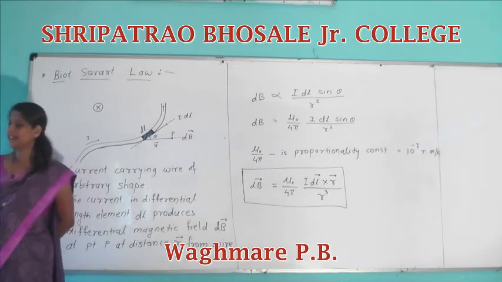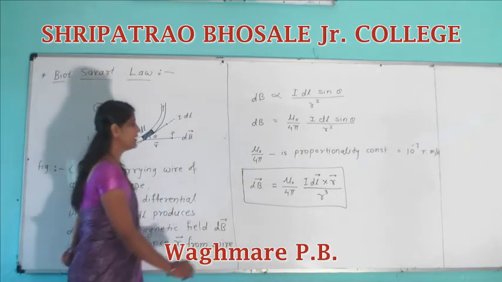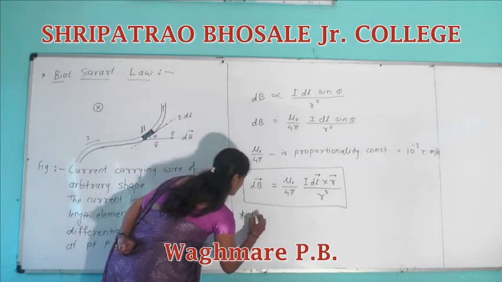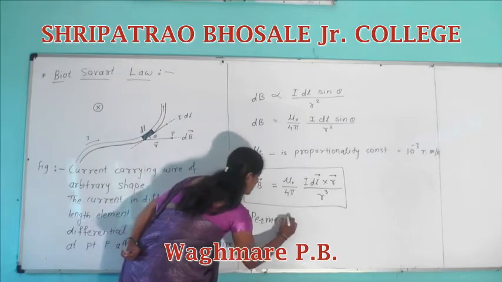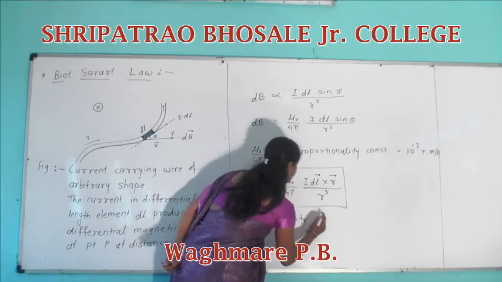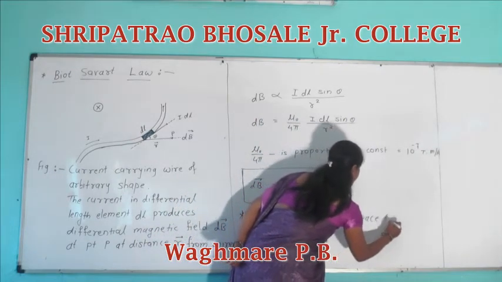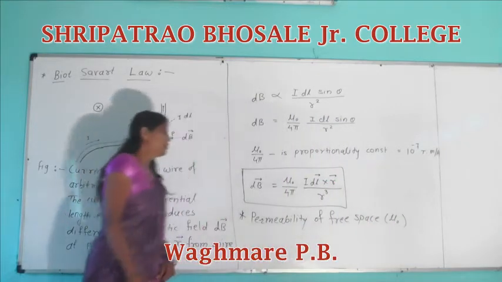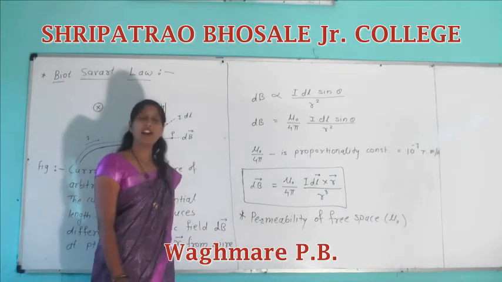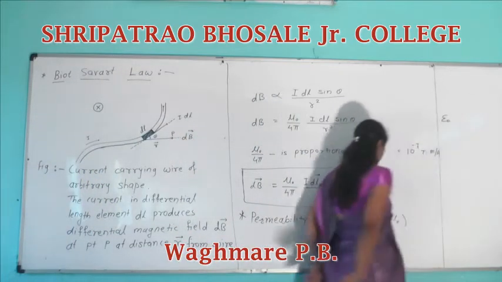Now we will discuss the permeability of free space, that is mu 0. In electrostatics, we have already discussed epsilon naught.